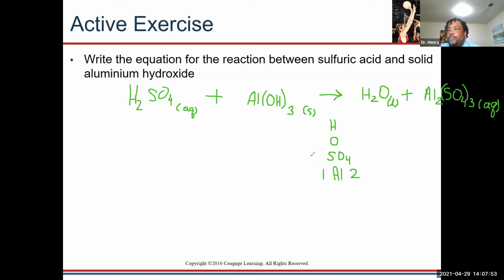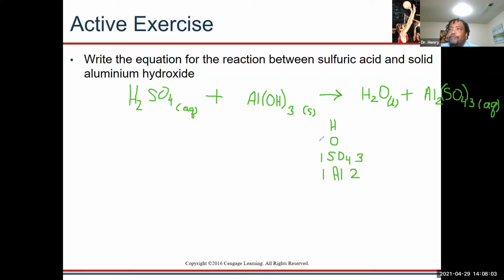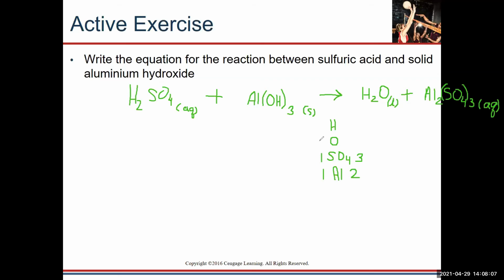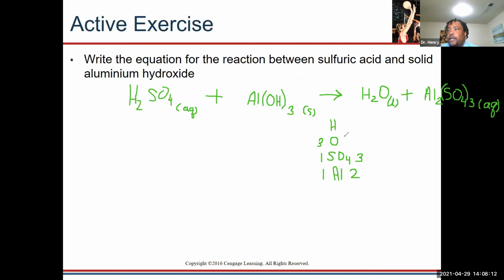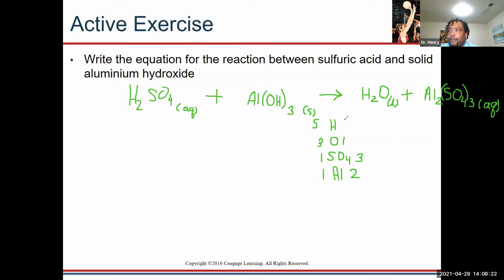How many SO4s do I have on the reactant side? 1. And on the product side, 3. How many oxygens on the reactant side? 3. And on the product side, 1. And how many hydrogens do I have? 5. And on the product side, 2.